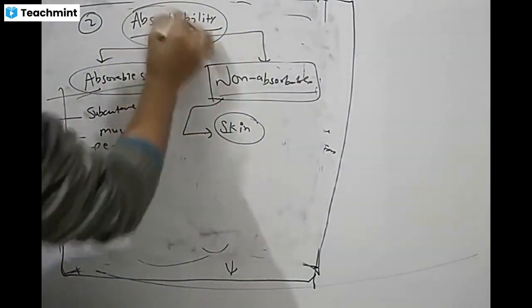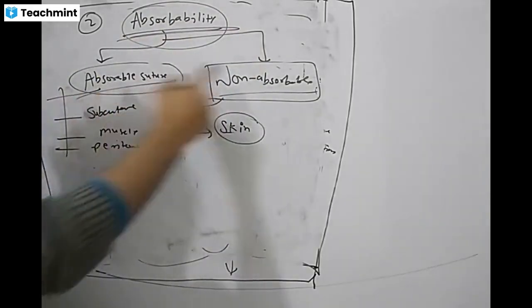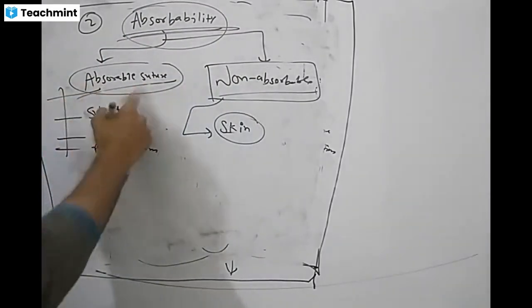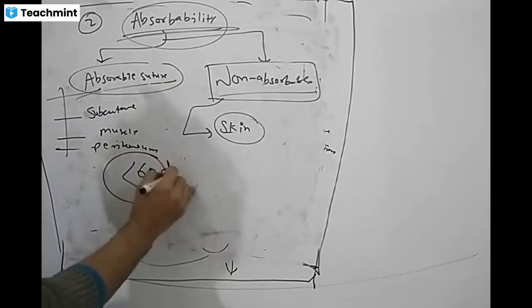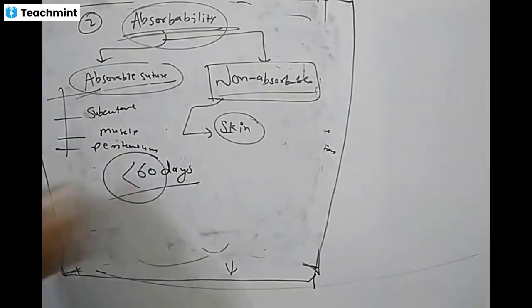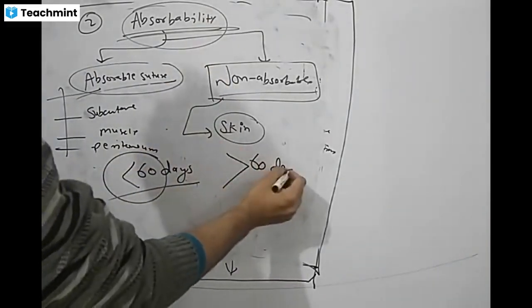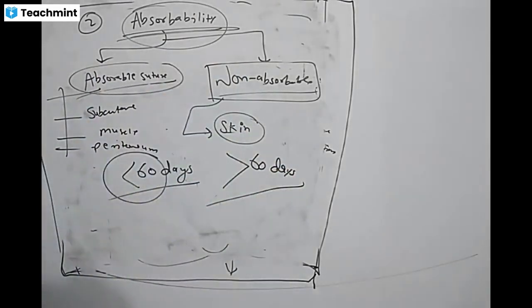So, as per the concept of absorbability, suture may be absorbable or non-absorbable. As per the definitions, absorbable means absorbed within 60 days. If your material takes more than 60 days, it is called non-absorbable suture.